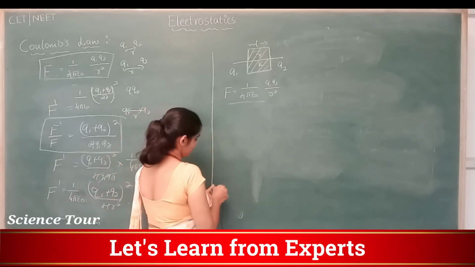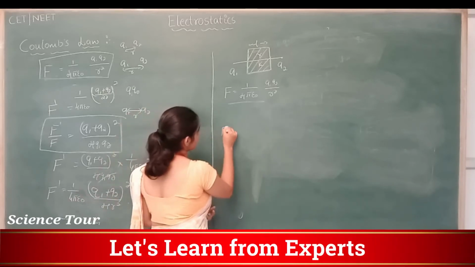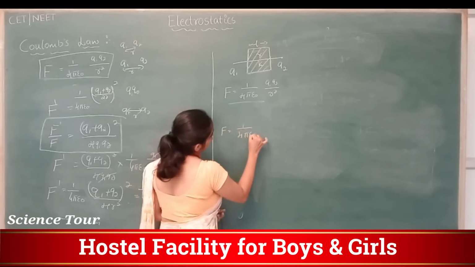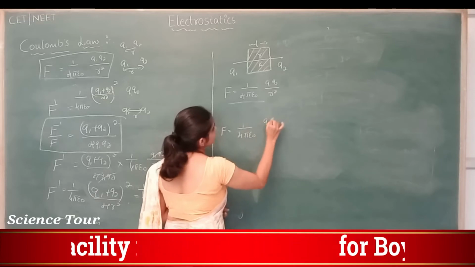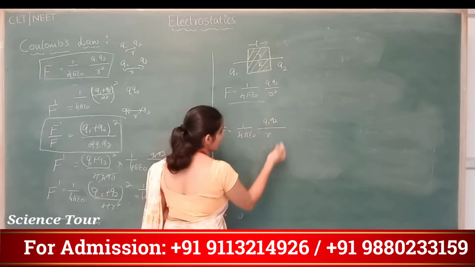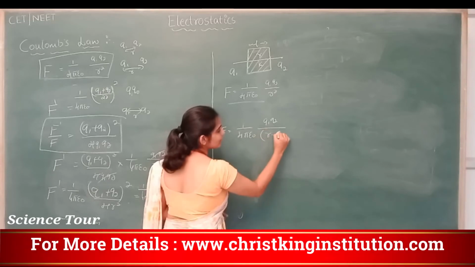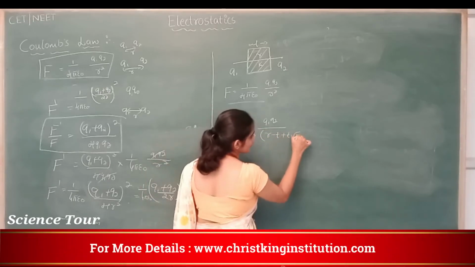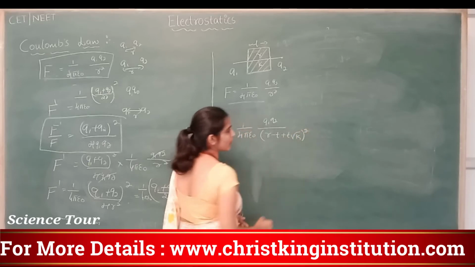The force between them is equal to 1 by 4 pi epsilon naught Q1 into Q2 divided by R minus T plus T into root K, whole square.